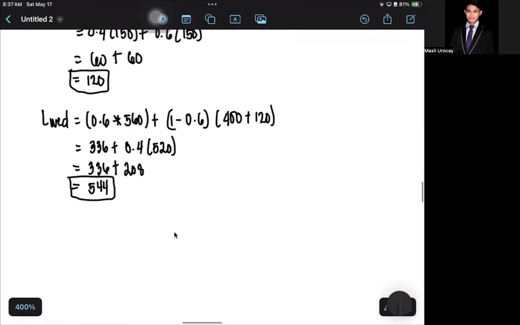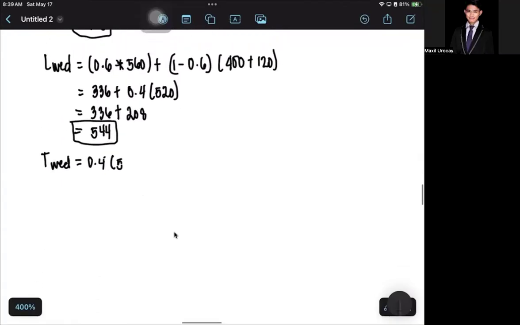And for the trend of Wednesday, the beta is 0.4 times the current level, which is 544, minus the previous level.